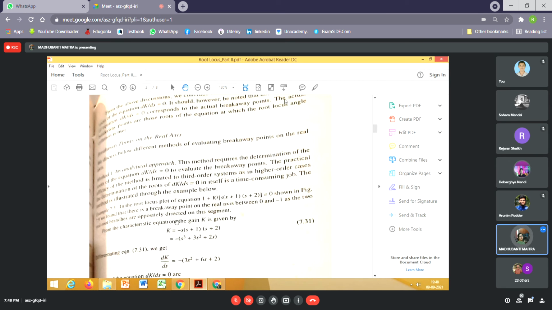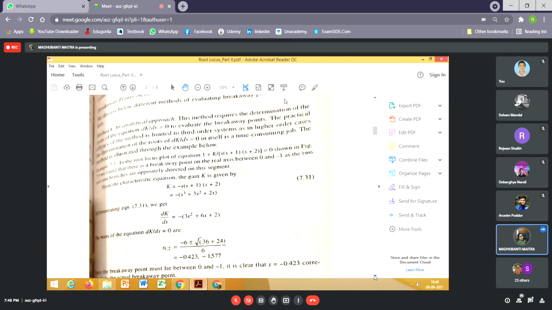Expressing this in polynomial form, K is equal to minus (s cubed plus 3s squared plus 2s). Now we take the first derivative and equate it to 0. So dK/ds is equal to a second order equation, 3s squared plus 6s plus 2.